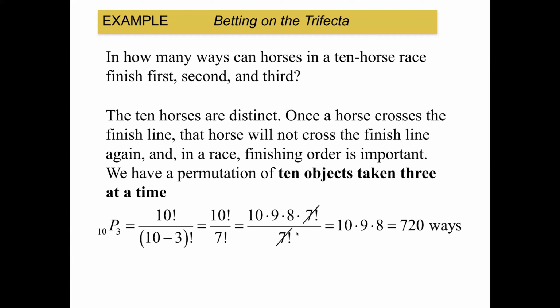We can reduce this by eliminating 7 factorial in our calculations. We have 10 times 9 times 8, 720 ways. So that's an example of how to calculate permutations in a word problem. If I gave you a word problem just like this, in how many ways can horses in a 10 horse race finish first, second, and third?